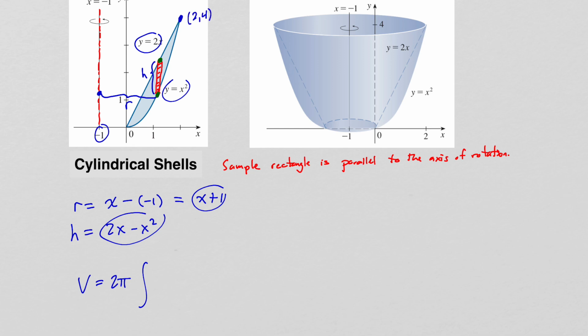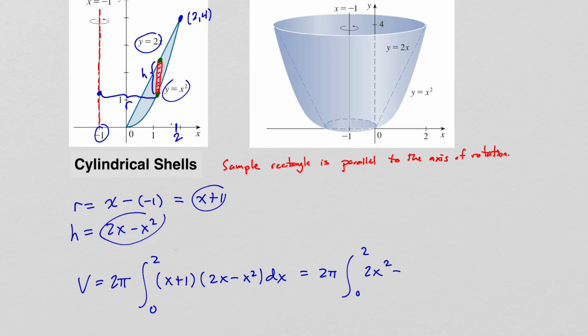If you set them equal to each other, you will get x equals 2 as the point where they meet over here. All right, so we're going to integrate from 0 to 2. And then we'll take the radius, which is x plus 1, and multiply it by the height, which is 2x minus x squared. And we'll go ahead and do all these calculations.